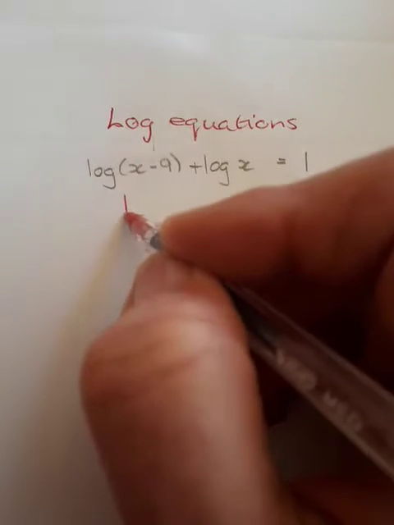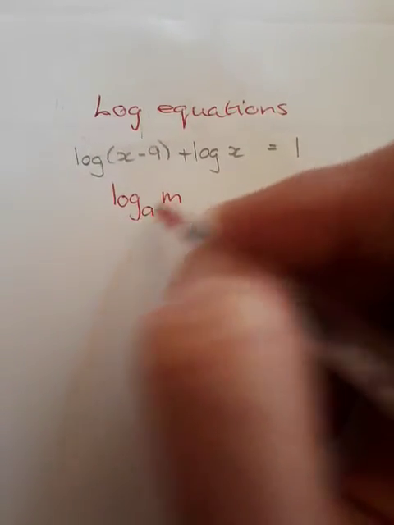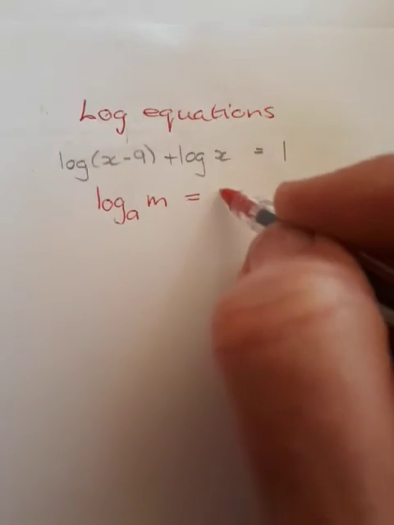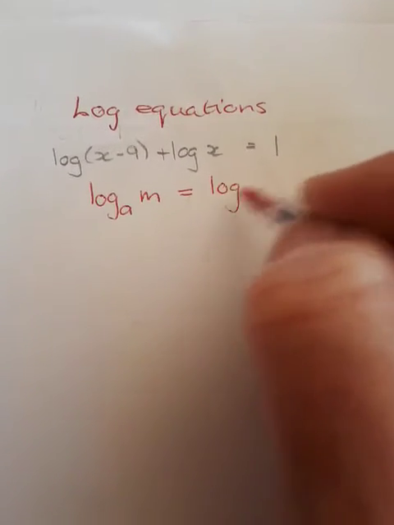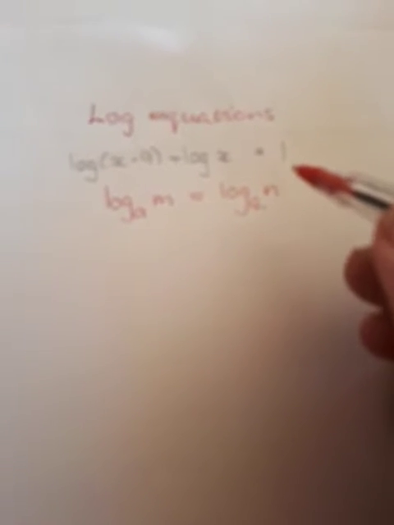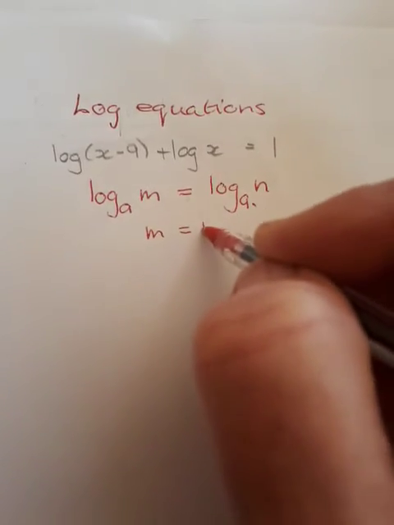And that reads, if you have log m with base a equals log n with base a, then we can say that m equals n.